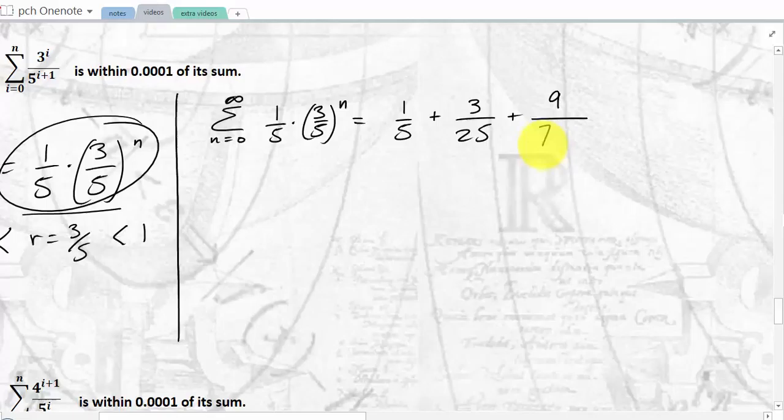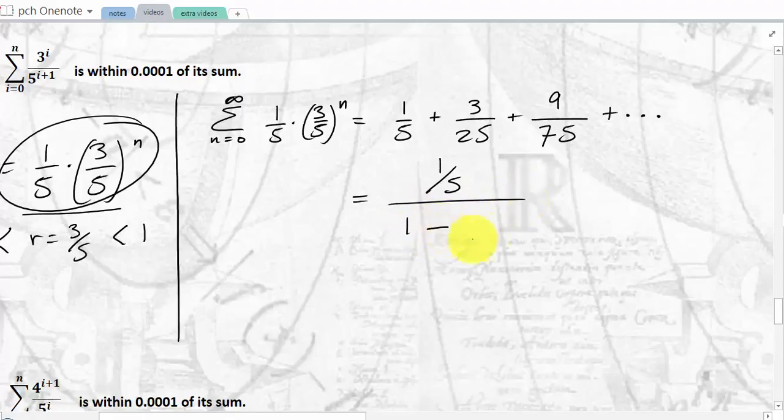The first term is 1/5 plus, what's the second term? n equals 1, so it's 3/25, and then it goes on and on and on, right? Plus 9/125, plus etc. Alright, so the first term is 1/5, so the whole sum is 1/5 over 1 minus the ratio, 3/5.